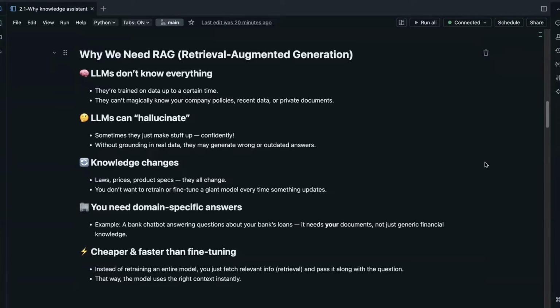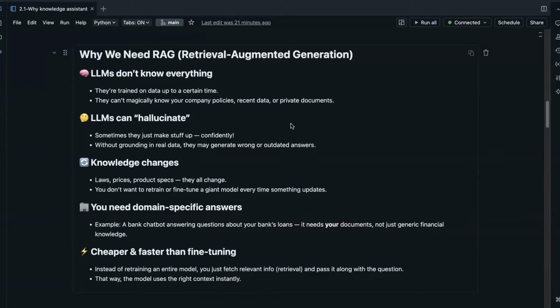Suppose you are a company, they do not know about your company, or there is some data that is not accessible on the open internet. Big companies cannot train their model with your own business data. So they cannot magically know your company policy, recent data, or private documents. But you cannot give your private data to OpenAI to train their model, right? This is when you need a RAG system.